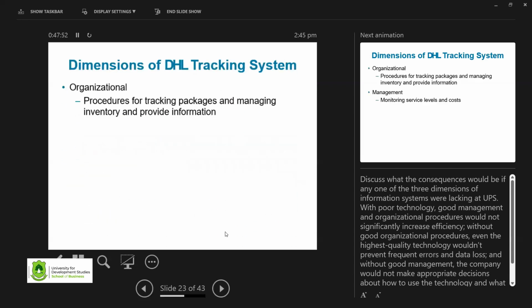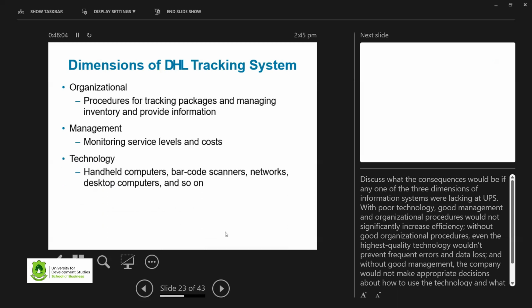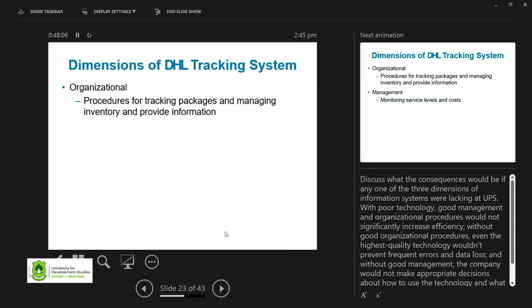Now, the last concept we discussed, the organizational aspect, the management aspect, and then the what? The technology. Look at how it is playing out in DHL's business. Organizational perspective: procedures for tracking packages, managing inventory and providing information.